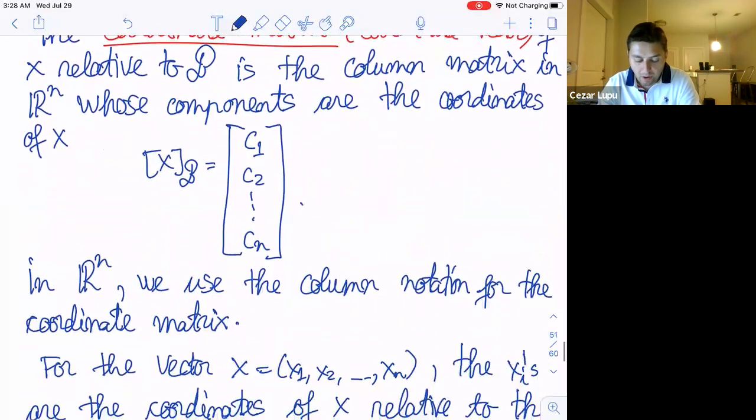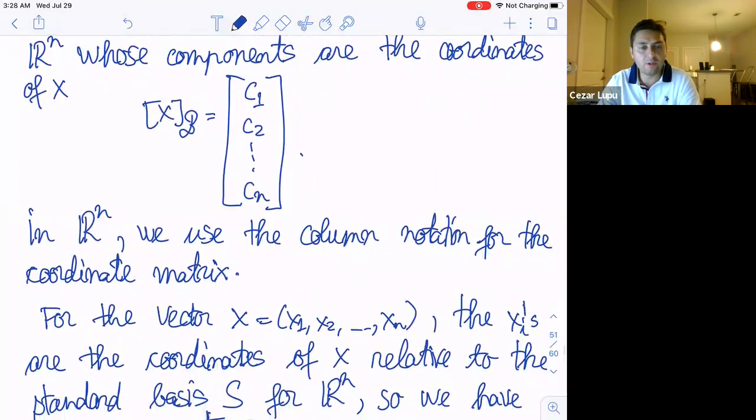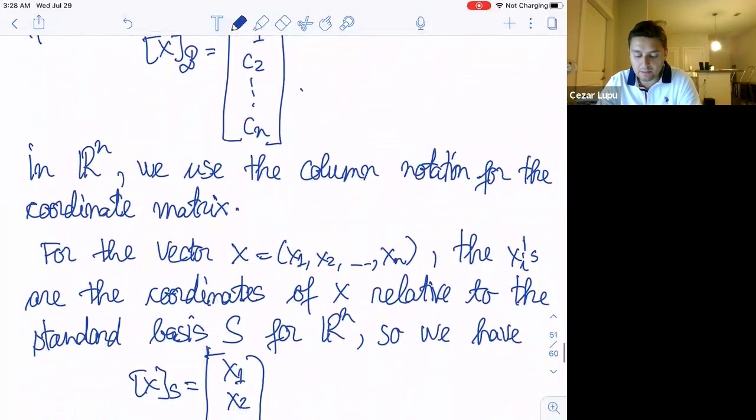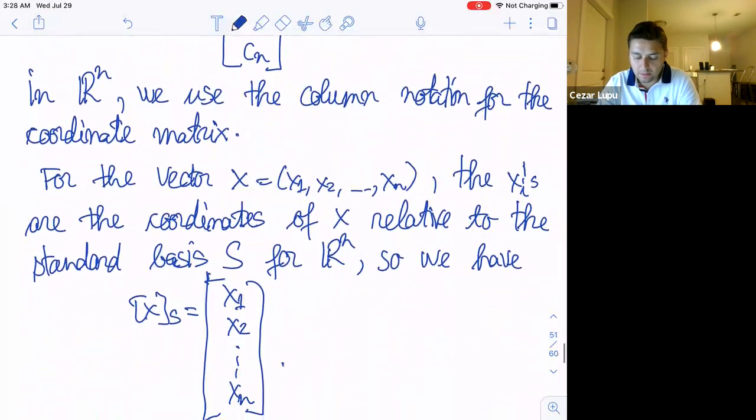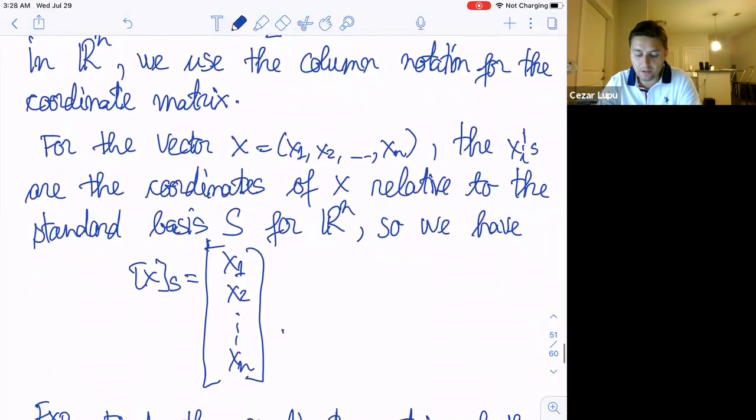And now in Rn, we will use the column notation for the coordinate matrix. For a vector x in Rn, the components x1, x2, xn, these are the coordinates of x relative to the standard basis S in Rn.